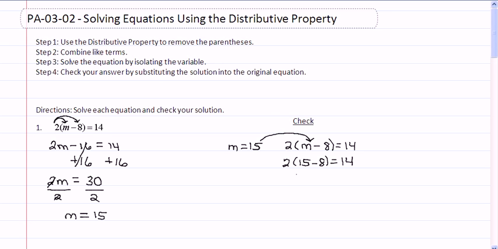So first, I simplify what's inside parentheses. 15 minus 8 is 7, and 2 times 7 is 14. So since both sides equal 14, my answer of m equals 15 is correct.